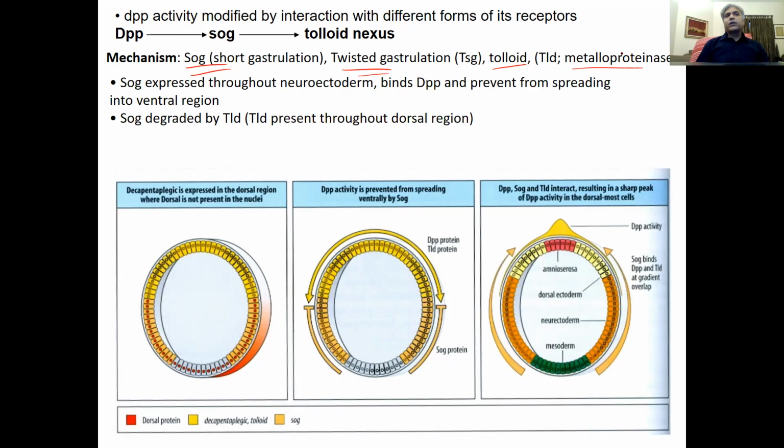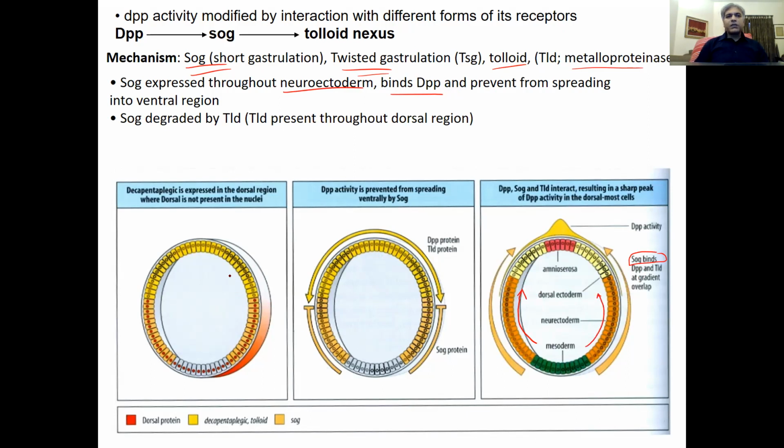SOG is expressed throughout the neuroectoderm. It binds DPP and prevents it from spreading into the ventral region. So what is happening now? You have SOG, short gastrulation, expressed throughout the neuroectoderm, and it will bind DPP.